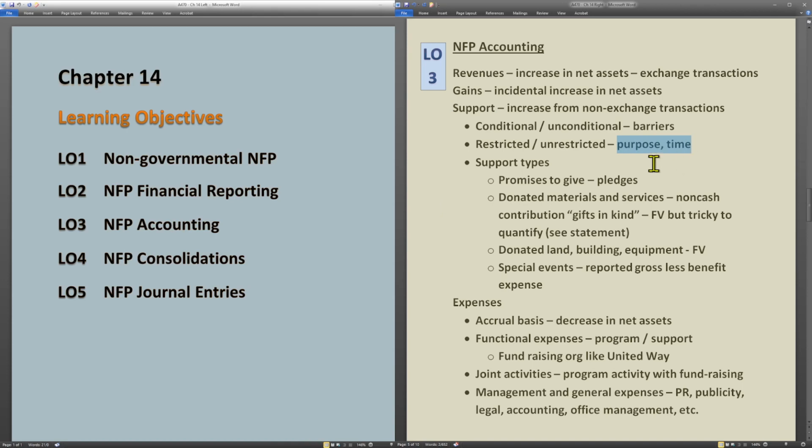There is actually one additional thing that we need to consider before the restricted, unrestricted nature of a donation: are there conditions? And these are sometimes a little bit confusing, it seems like we're using the same word. Is it conditional or is it restricted?